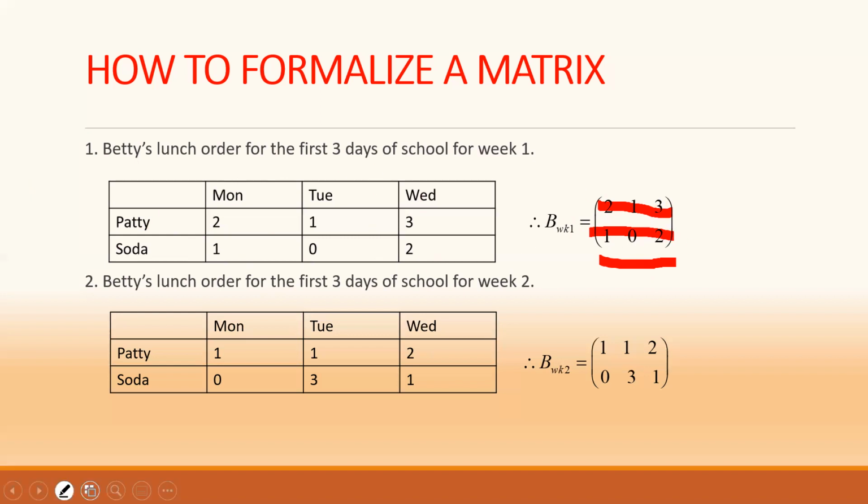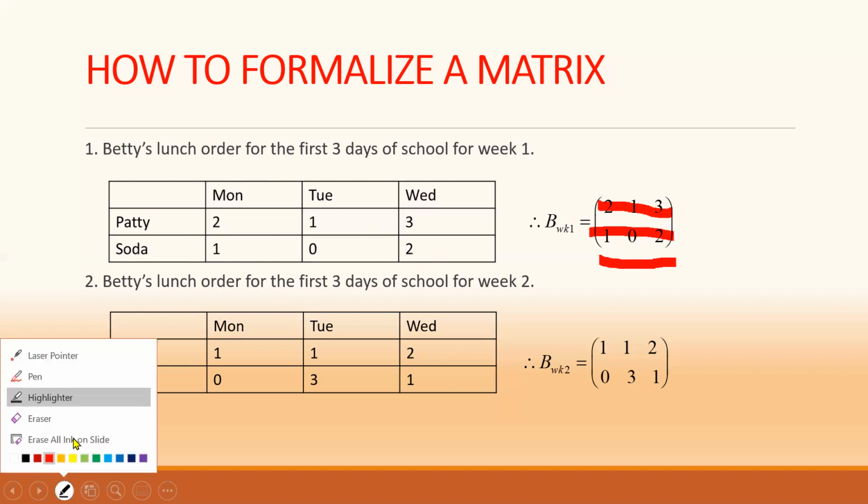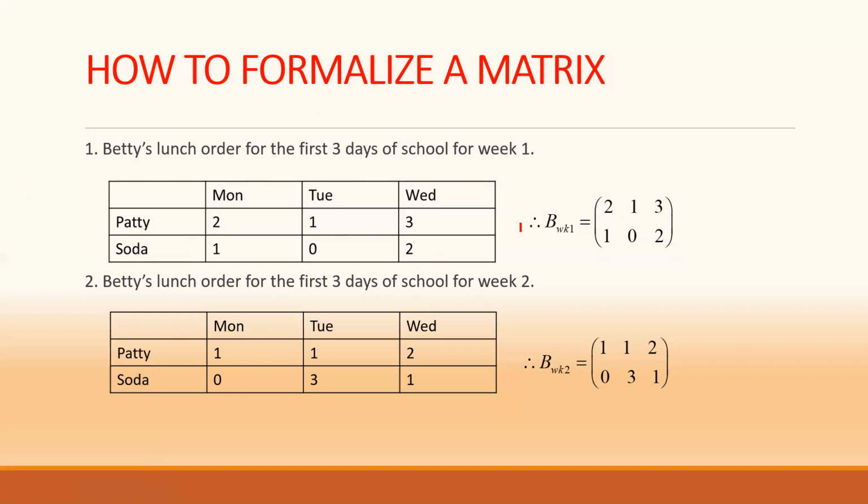So in matrix form, you can still put meaning to the data once you know where it is coming from, right? And we know that this matrix is coming from this data table, and this matrix is coming from this data table. And it is so simple, guys, because the table is already organized in rows and columns.